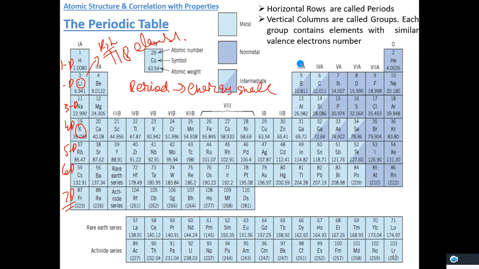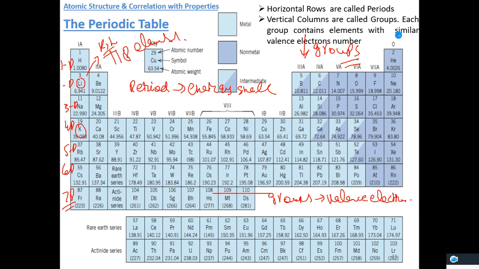And vertical columns are called groups. In the periodic table we have 18 groups, and we can get information about valence electrons from groups.